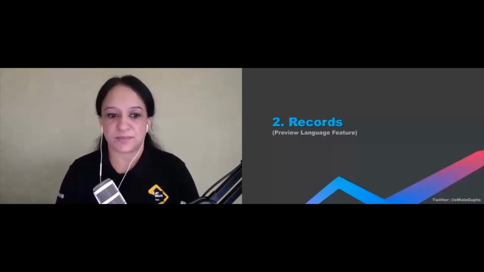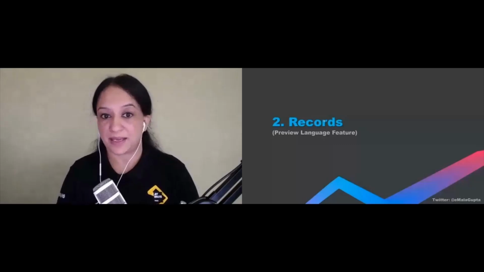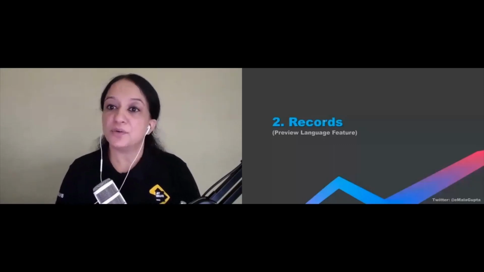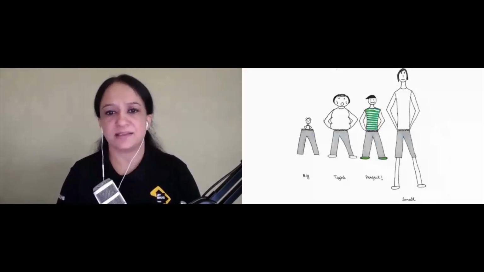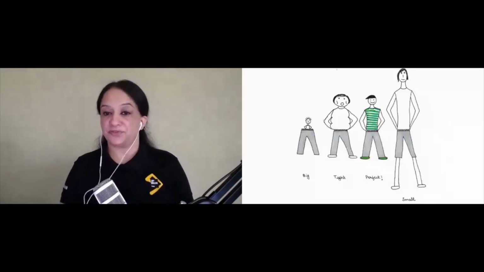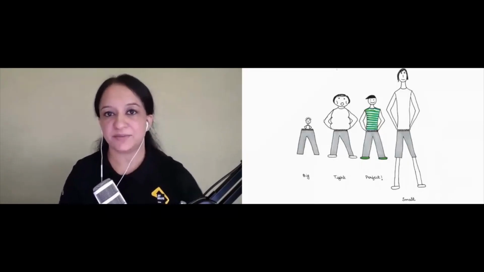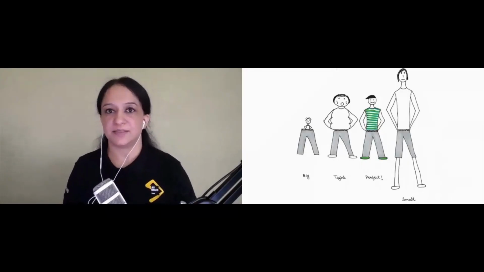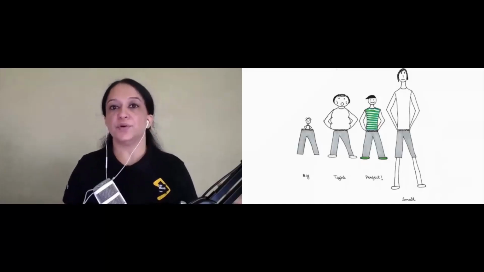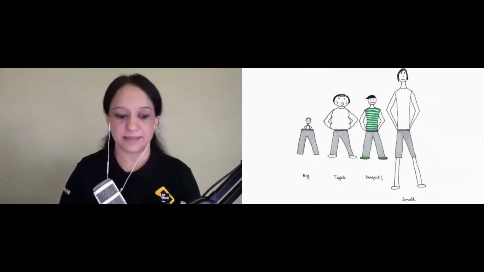What do you do? Of course, you have to buy the pant which is the only size available. So depending on your own size, the size could be big, tight, or small for you. And if you're lucky enough, it could fit perfectly. So this is what we have been doing as developers to define our data classes. We have been using regular classes to model our data as data.